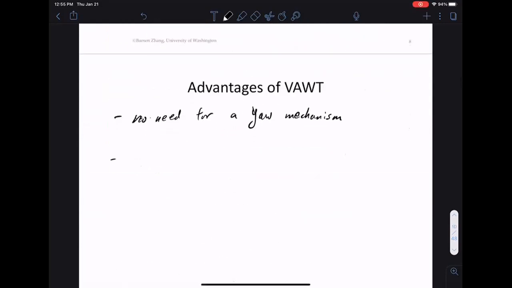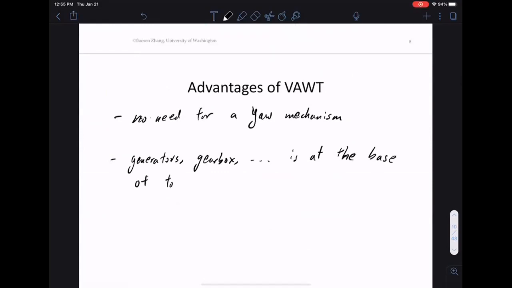Then the generator and gearbox, everything, is at the base of the tower, compared to before, where they're at the top, at the hub. This makes maintenance so much easier.